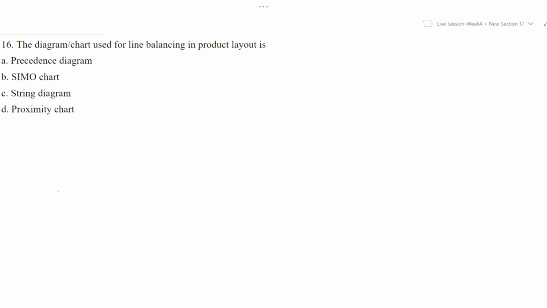Precedence diagram, it represents the sequence of the elements. The correct option is precedence diagram.